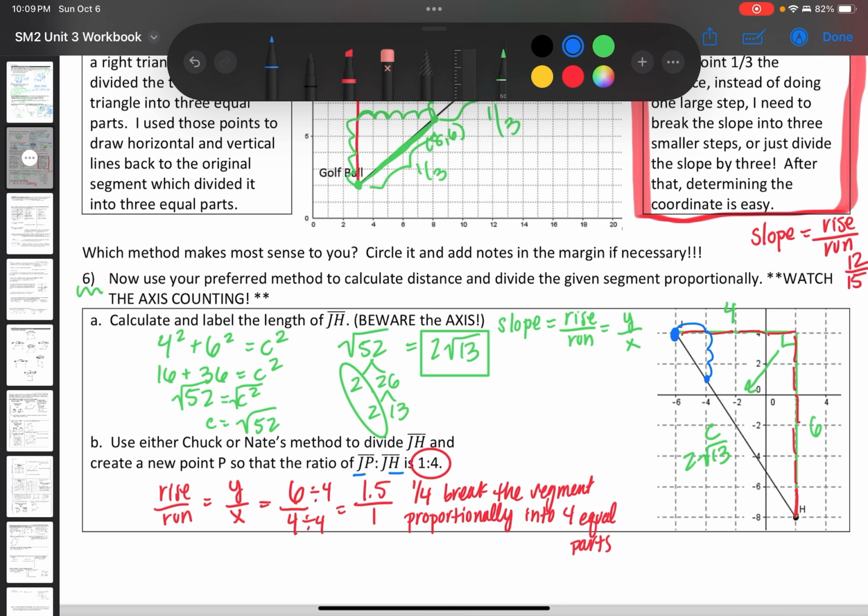So this point right here is my new point P, because that's the first point we found going from J to H. So my P is (-4, 1).